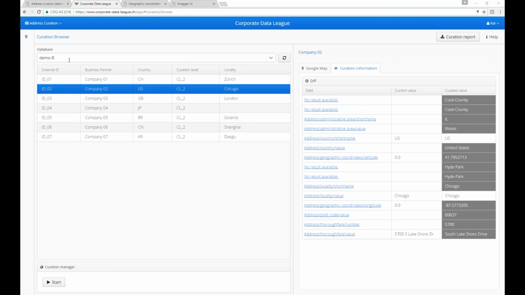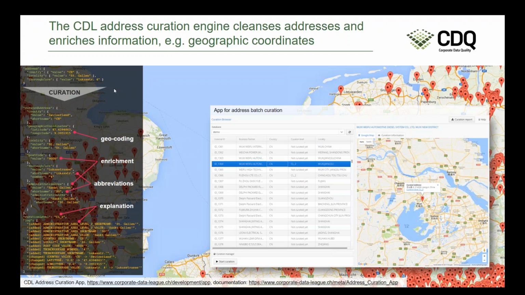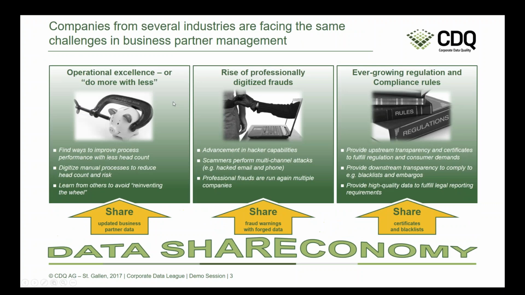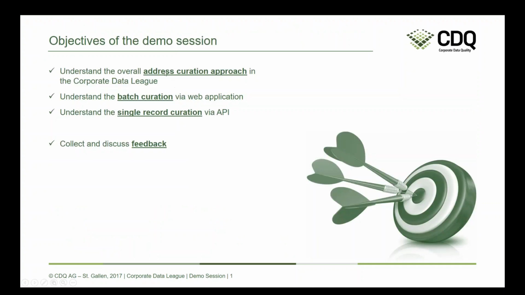Okay, that's it regarding the demonstration. So maybe again, as a wrap up, we have seen the general approach with geocoding, translation, abbreviations, and so on. We have seen the batch curation via the web application.